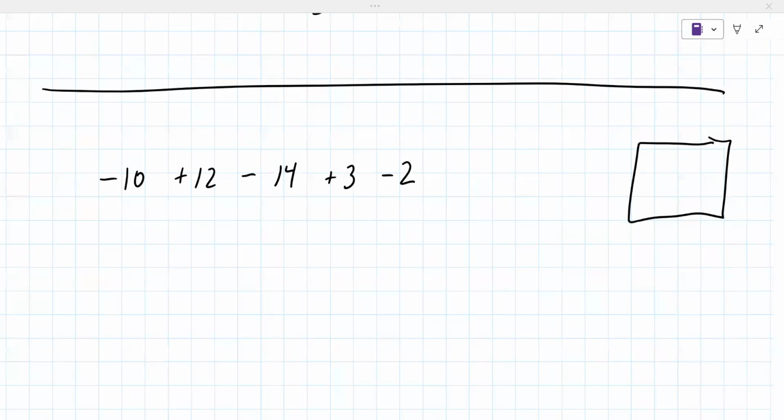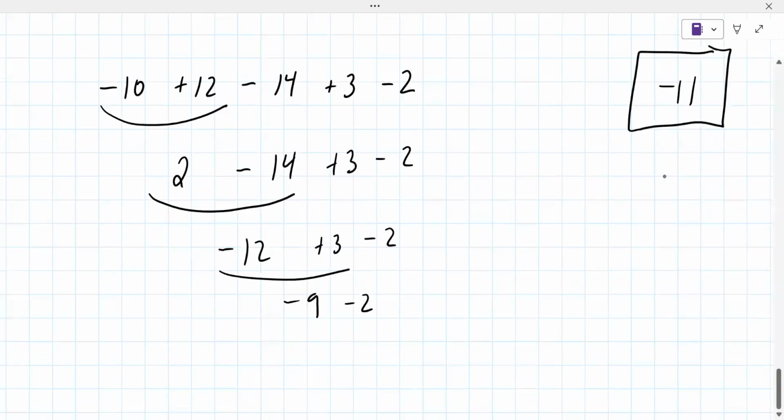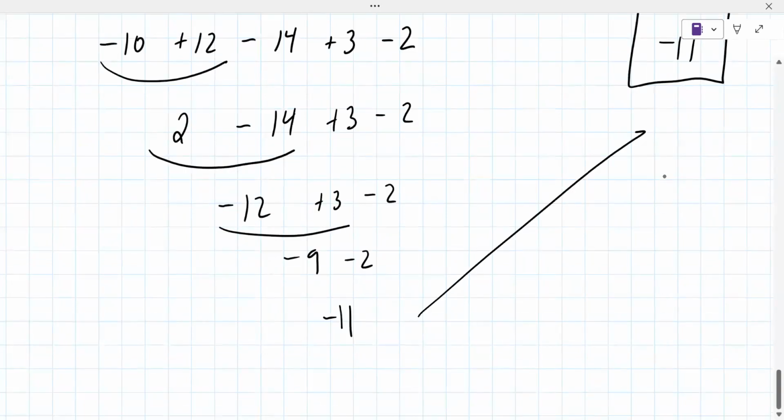All right. If I did it correctly, the answer should be -11. So -10 plus 12 is 2, minus 14 becomes -12, plus 3 is -9, minus 2 is -11. Very good.